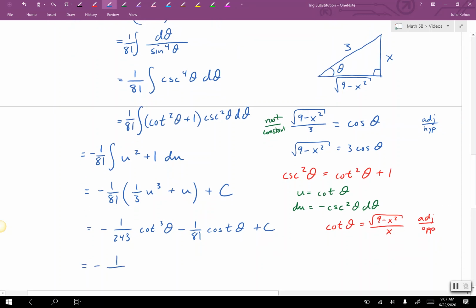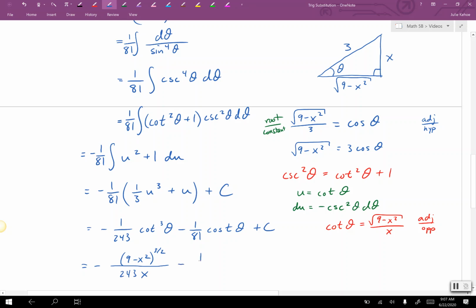So negative 1 over 243. And let's turn this into one fraction as I look at it. So on the top, I've got 9 minus x squared. It's being square rooted and taken to the third power. So that would be the 3/2 power. That's how I'm going to write that. And then I've got the 243 on the bottom and an x on the bottom.